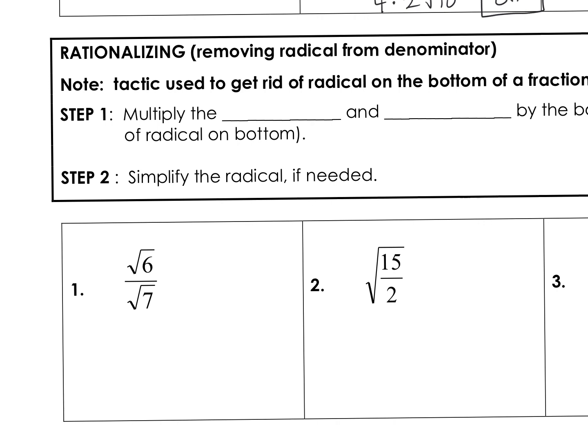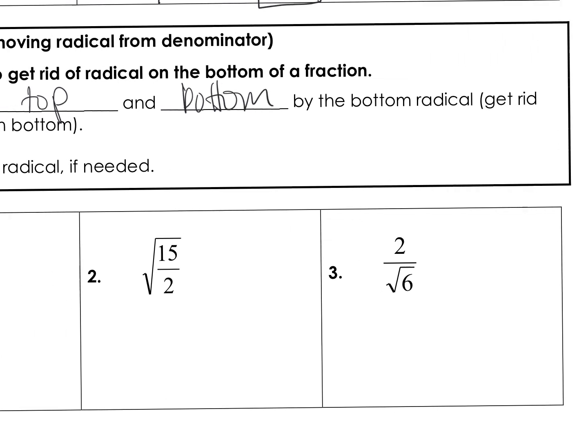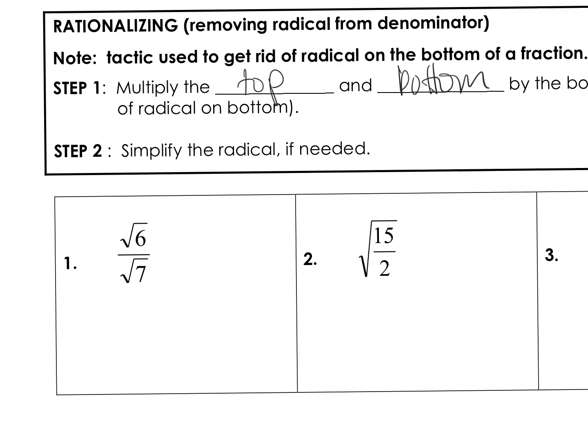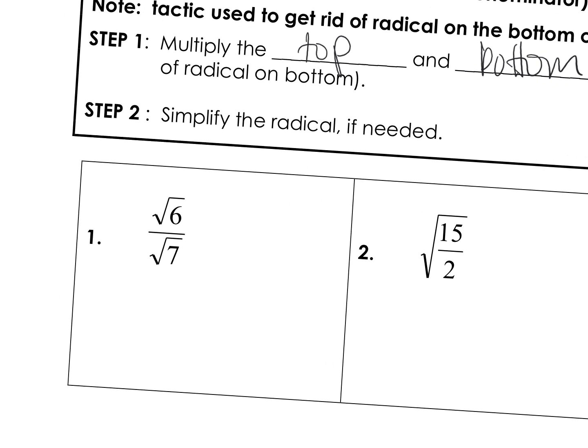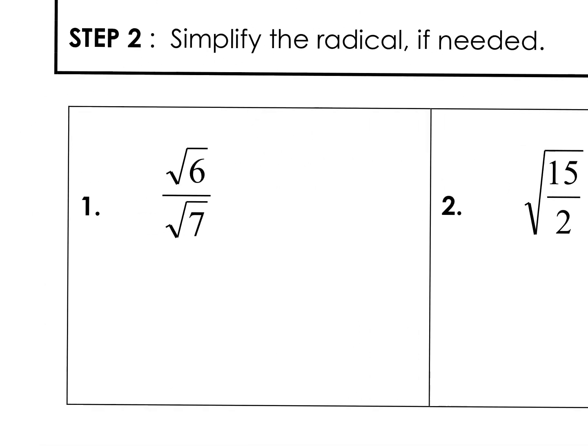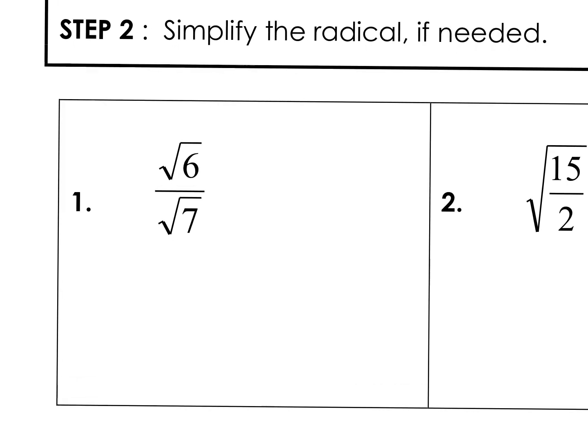And so we rationalize by removing the radical from the denominator. So we multiply both the top and the bottom of the fraction by the bottom radical to get rid of the radical on the bottom, and then simplify if needed. Now, you probably already know how to do this, but we're just reviewing.